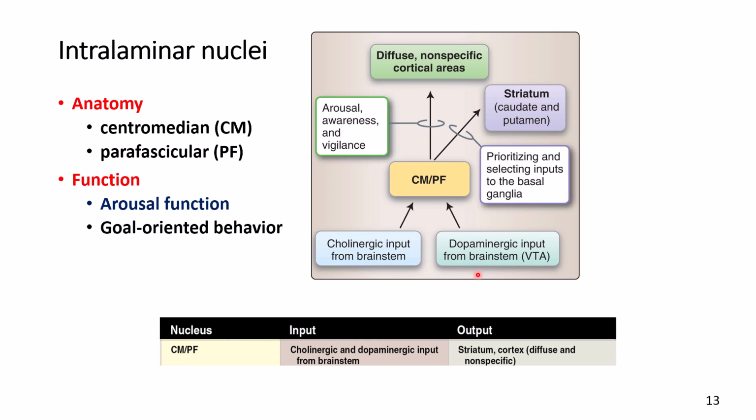Centromedial and parafascicular also receive dopaminergic input, so that's coming from the VTA, ventral tegmental area, that is close to the substantia nigra. The function of this is related to the reward system and also learning and emotion and also orgasm.